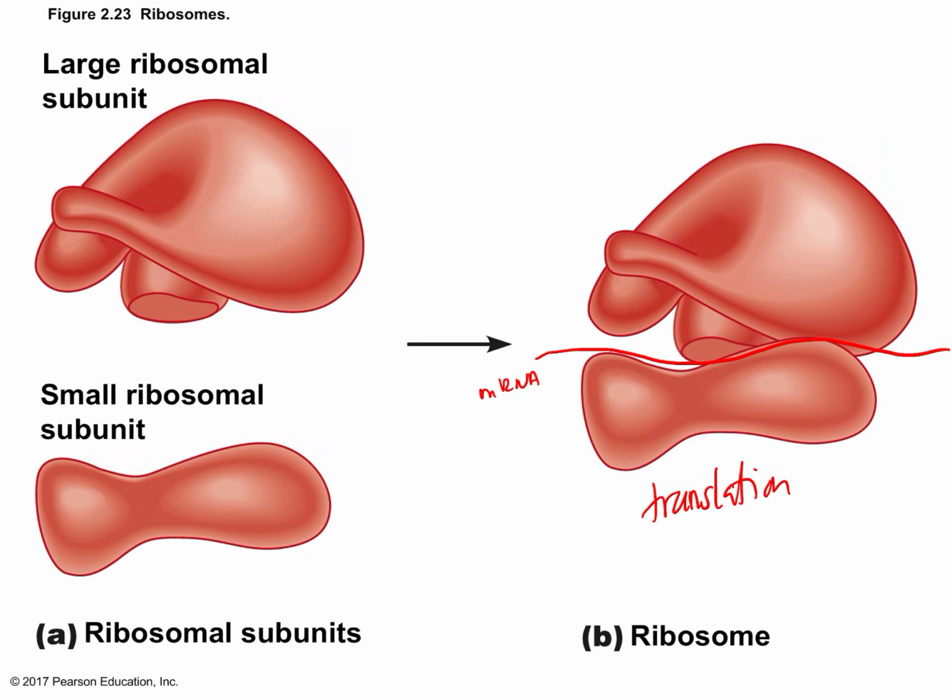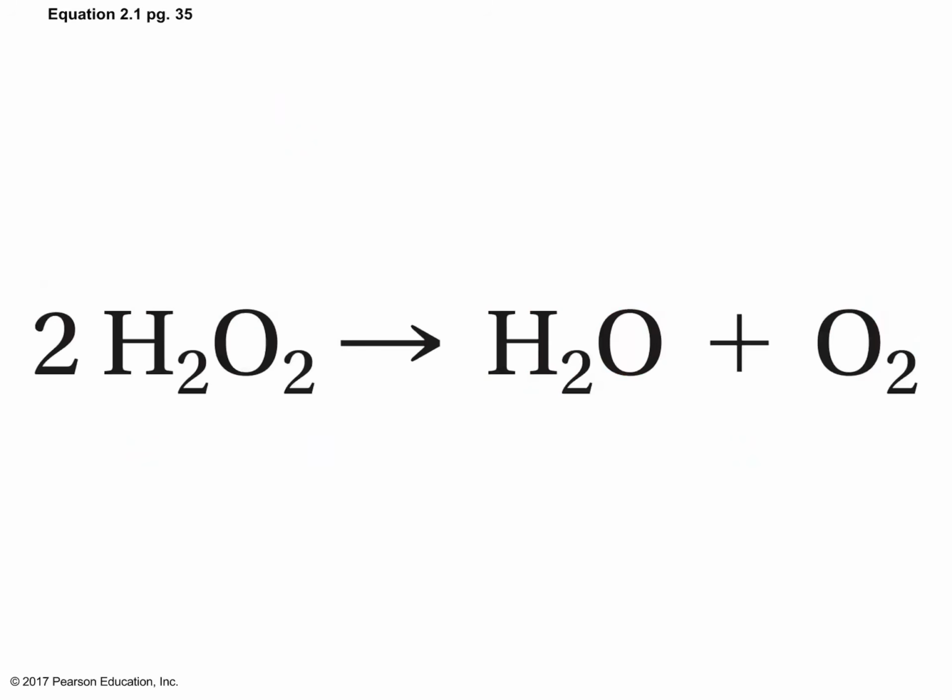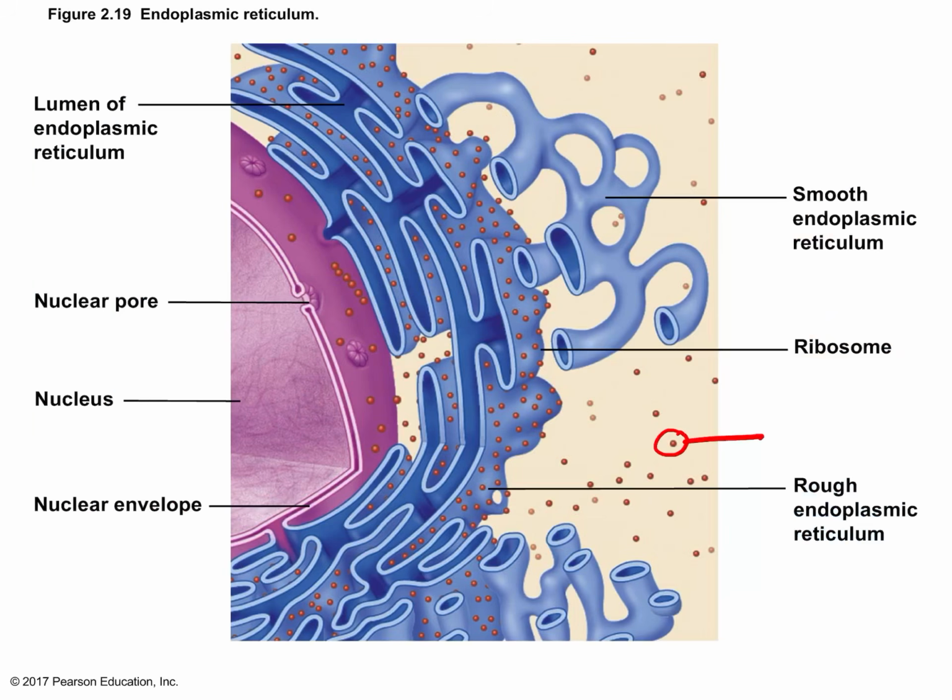The other molecule that creates the ribosome is our ribosomal RNA. But in terms of where you find the ribosome, it is found both on a membrane, the rough ER, or it can be free in the cytoplasm, which we call free ribosomes.